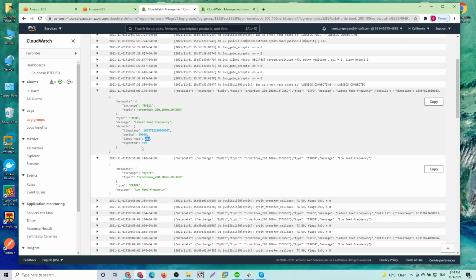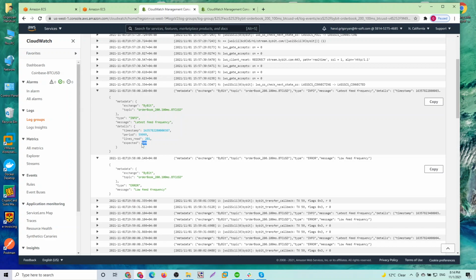281 lines for the period of almost 60,000 milliseconds, that is 60 seconds, and it appears to be lower than we would expect. Because we expect a line per every 100 milliseconds.